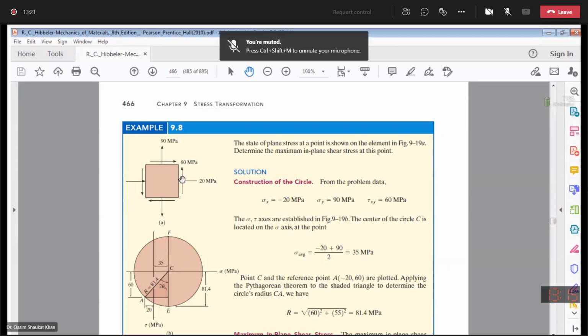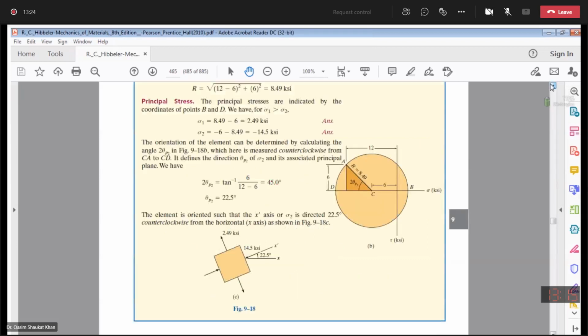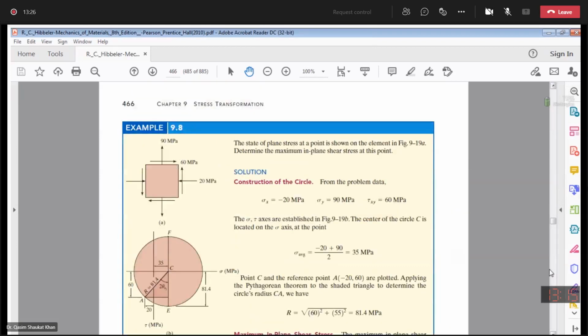Now to start with the construction of the Mohr circle, what is the first step? The first step is to calculate the coordinates of our point C. Point C is the center point of the Mohr circle. Its coordinates are the average normal stress and zero shear stress.